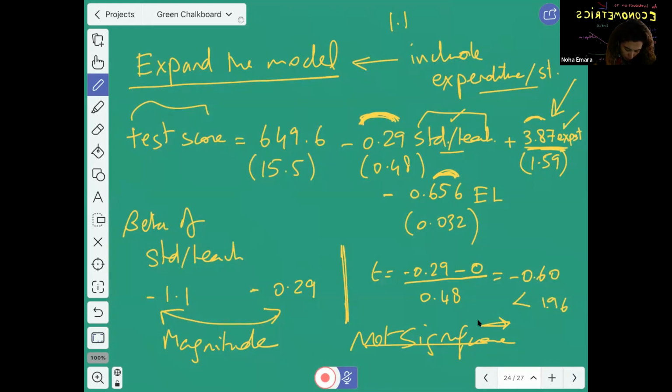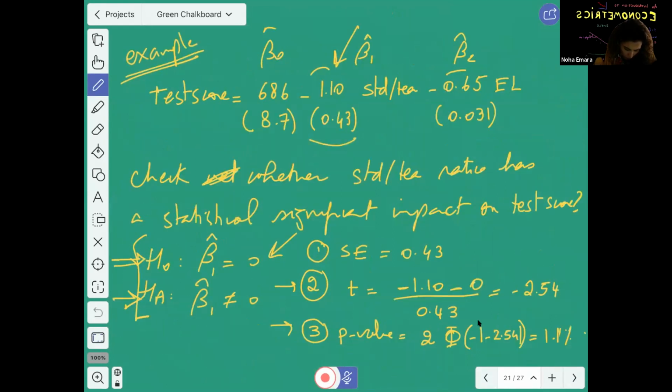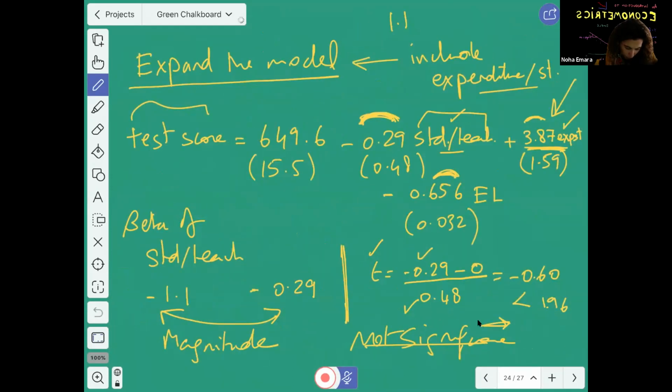The t-statistic is not only about magnitude, it's also about the standard error. So let's go back and check what happened to the standard error. The standard error used to be 0.43. Now it's 0.48. So it had increased, right? But the highest impact is coming from the numerator, which is the magnitude itself. So dividing this by this makes the coefficient no longer statistically significant.